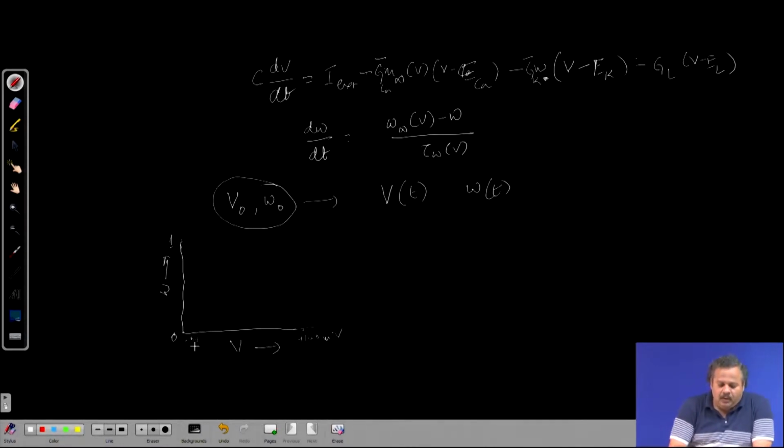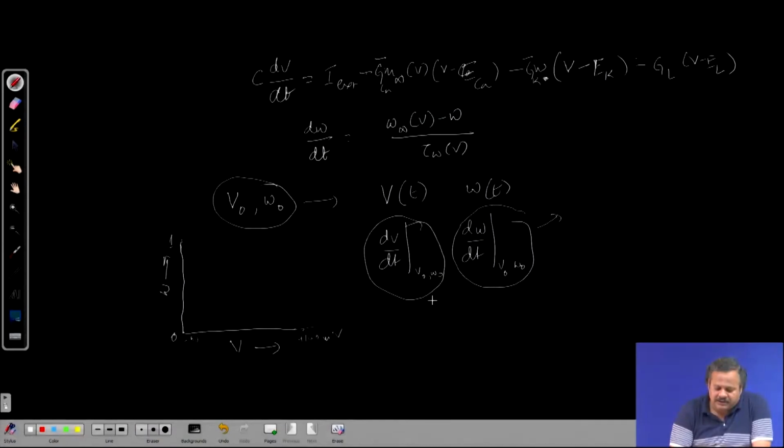And what essentially we said is that dV/dt at a particular point, let us say V0, W0, and dW/dt at that same point V0, W0, represent the rate at which each of the state variables is changing with time at that location. So, if this is V0 and this is W0, then here we have the V0, W0 point, and we have a particular value of dV/dt, which means that the voltage is changing at that particular rate.